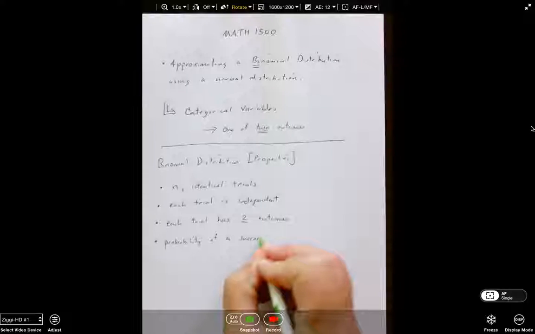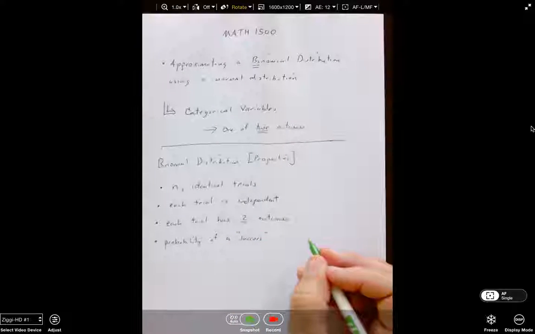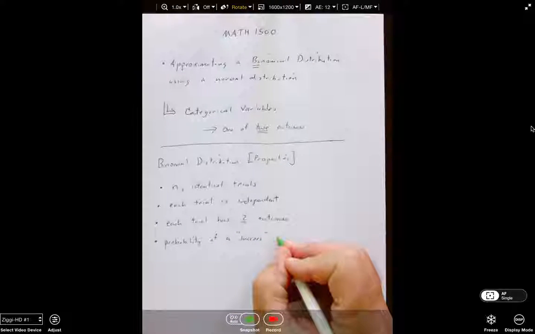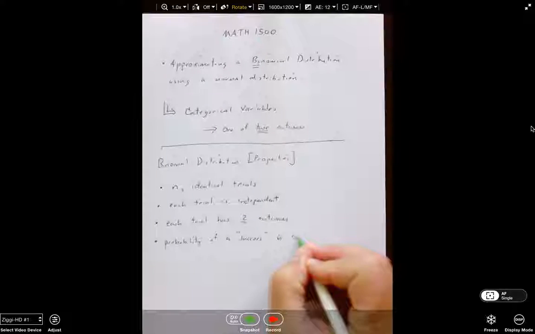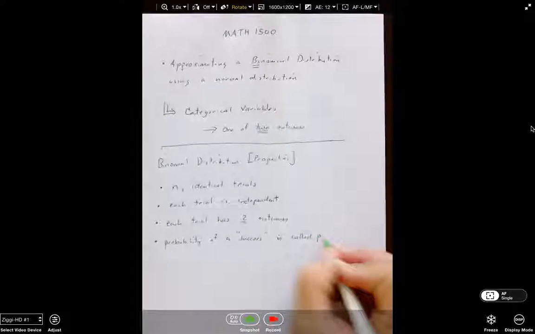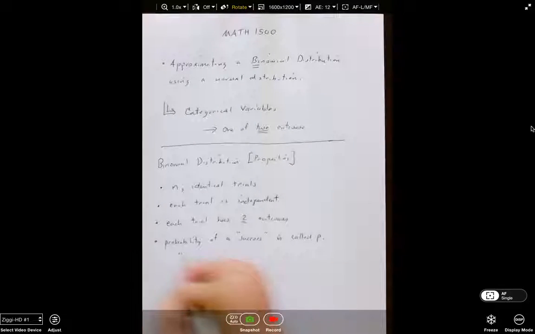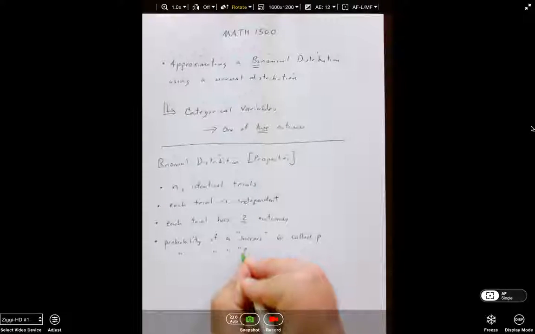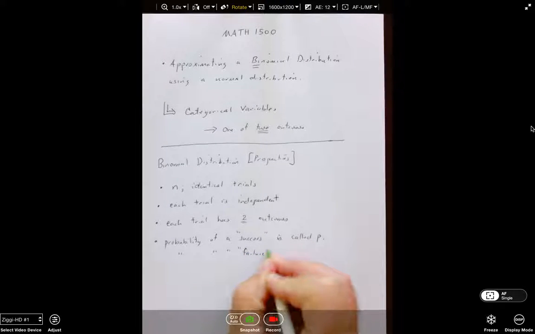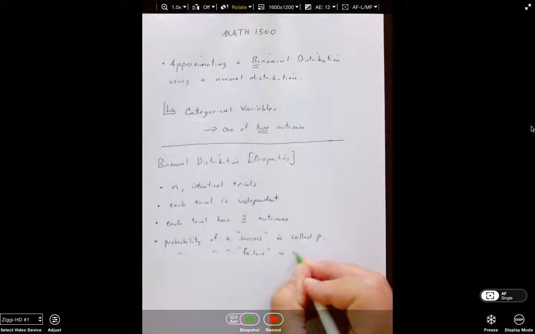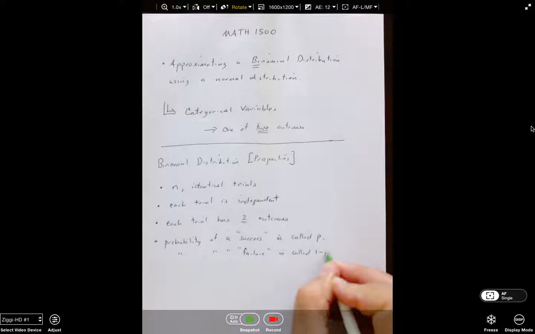That's a good way to put this. It is called P, and the probability of getting a failure is called 1 minus P.